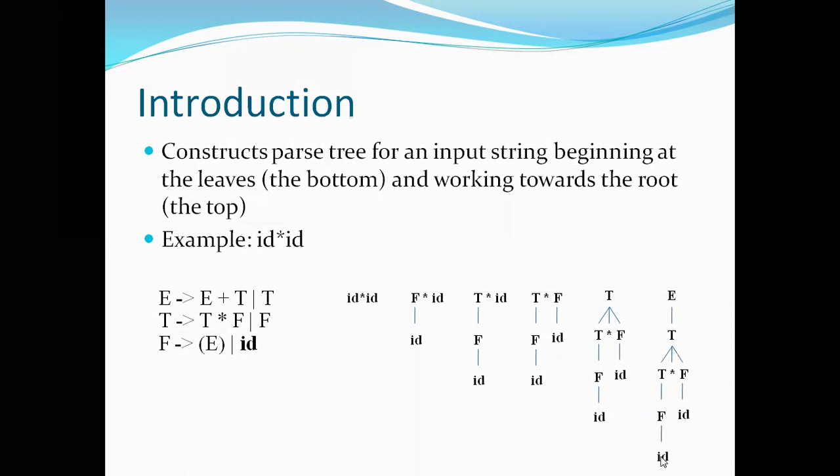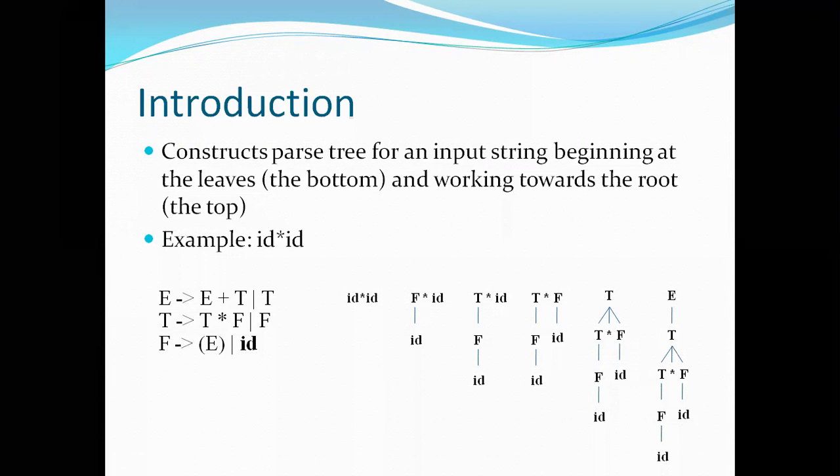Bottom up parsing means we consider the string and take the construction of the parse tree from bottom to top. The input string is taken as the bottom and we get the start symbol at the top. That is the correct way to construct the parse tree by using bottom up parsing.